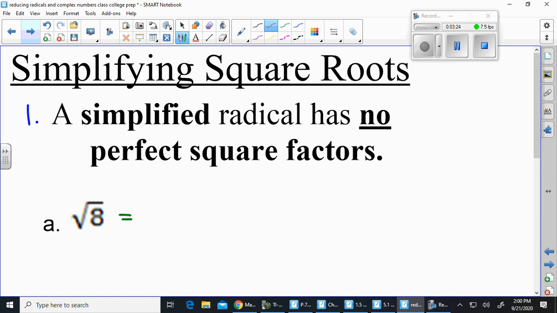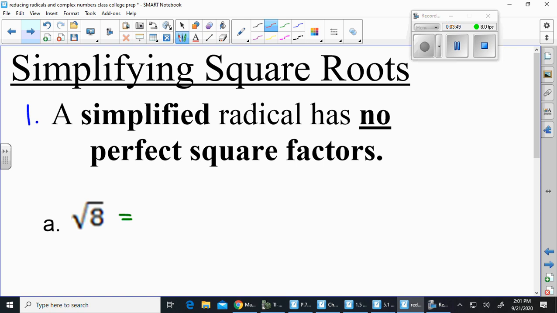So first thing, no perfect square factors. You look at a radical such as radical 8 and you say a factor is a number that goes into that number. Does 4, 9, 16, 25, etc. go into 8? Well, yes, 4 does.